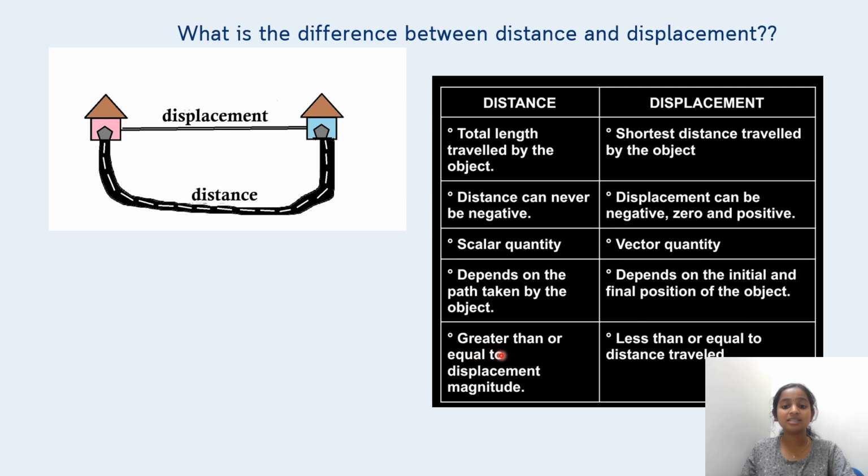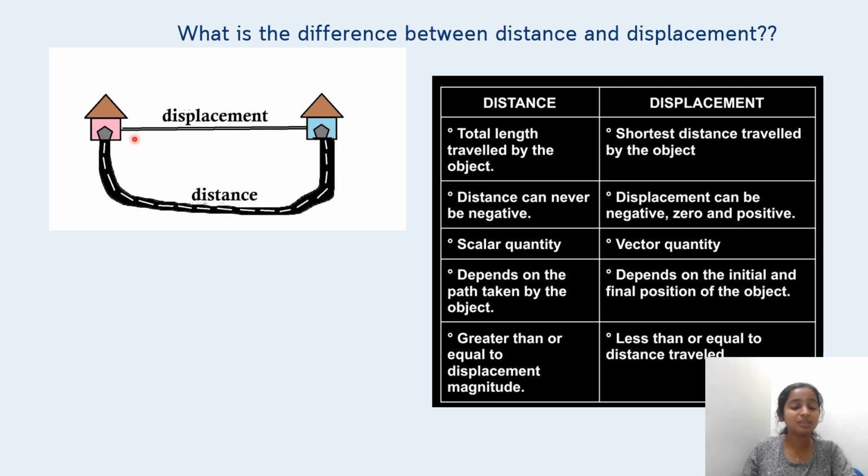Then distance can be greater than or equal to the displacement magnitude. Distance will always be greater than or equal to displacement, whereas displacement will always be less than or equal to the distance covered. That is, from here to here, this is a distance and this is the displacement.